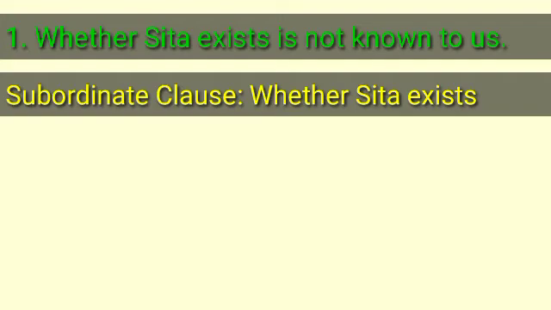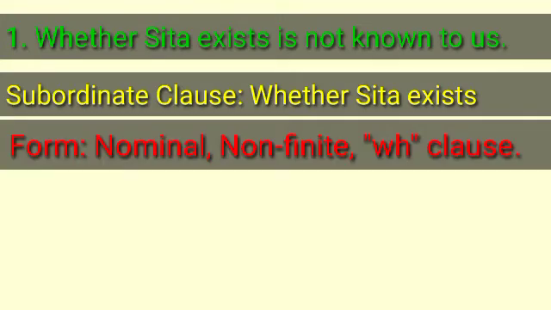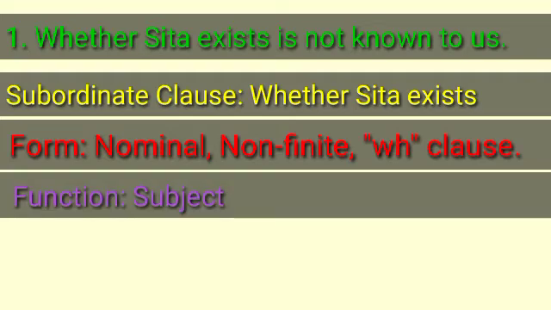Now the second part is to state the type, form of this subordinate clause. So this is a nominal finite WH clause because it is introduced with the help of a WH word. And the third part is writing the function. Its function is subject because it is functioning at the place of the subject in the sentence.